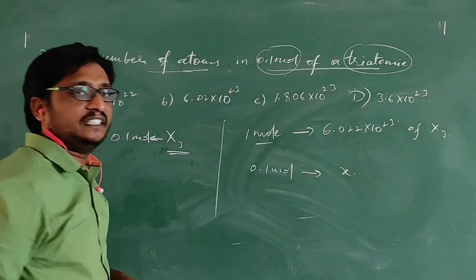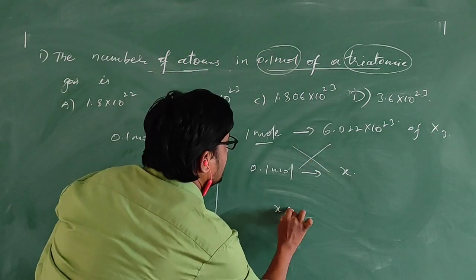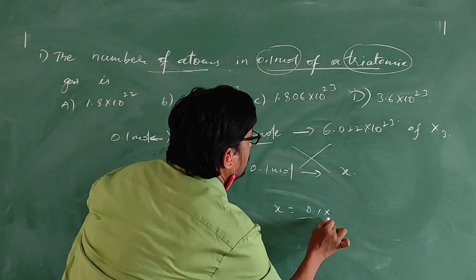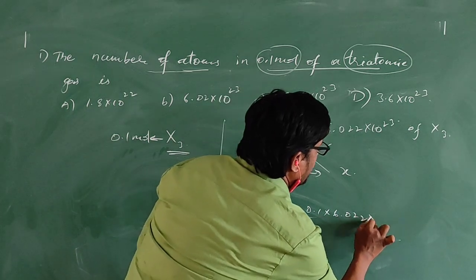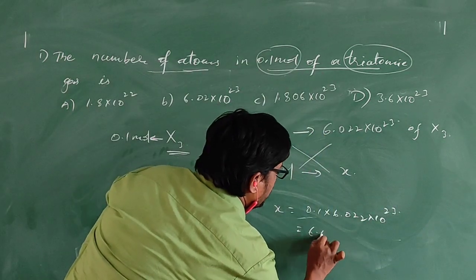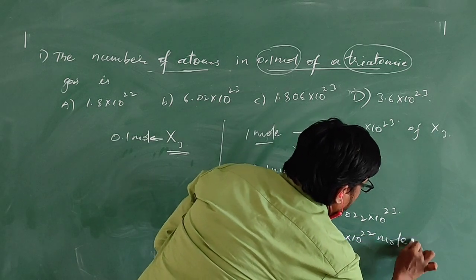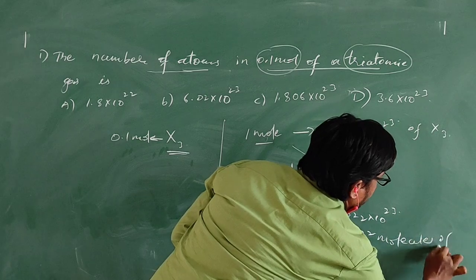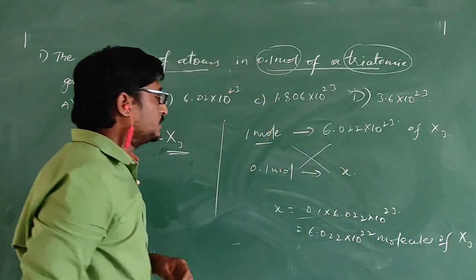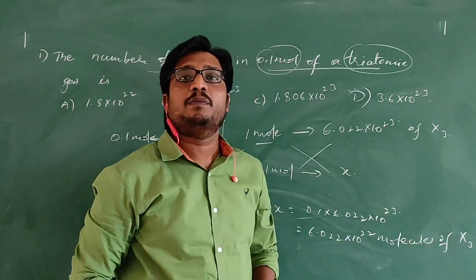Let us think of that as x. When you cross multiply, we get x is equal to 0.1 into 6.022 into 10 to the power 23, which is nothing but 6.022 into 10 to the power 22 molecules of X3. So in 0.1 mole, these many molecules of X3 are present.